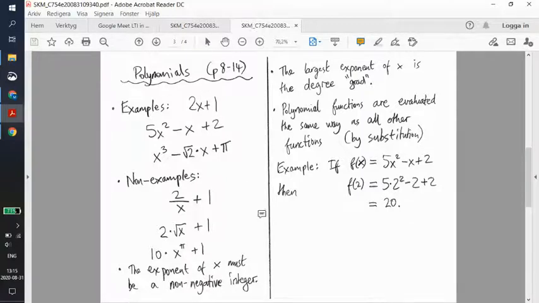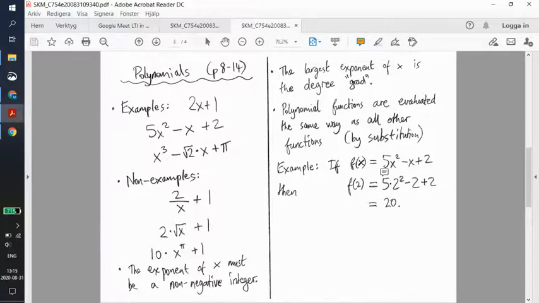And this has a degree of 1, because x is another way of saying x with an exponent of 1. Now, what I've talked about here are polynomial expressions. If we have polynomial functions, then we use the same principles that we've used for other functions.